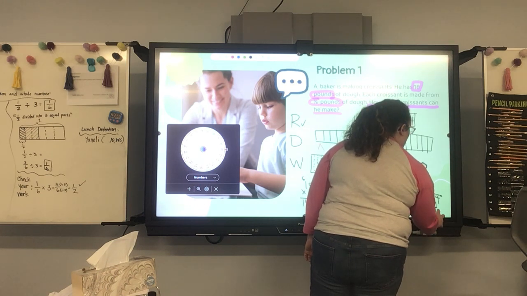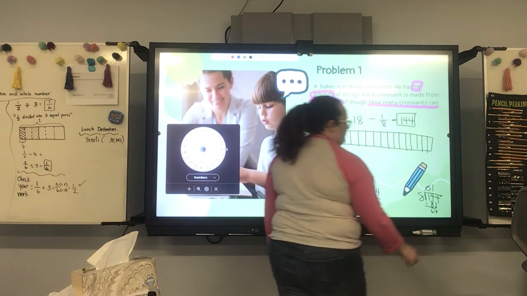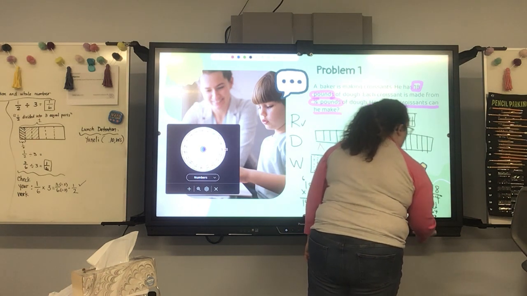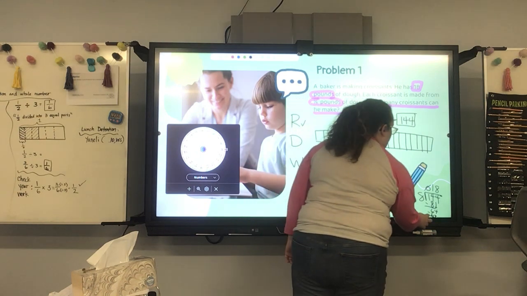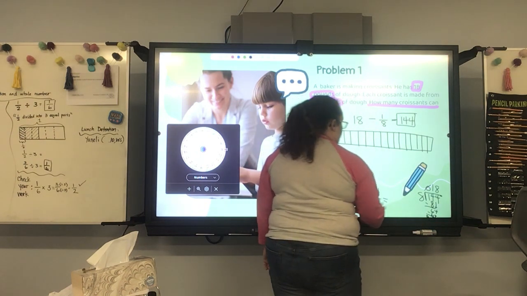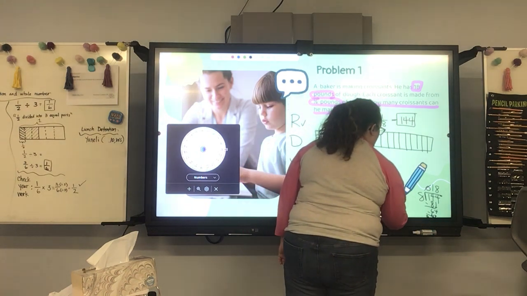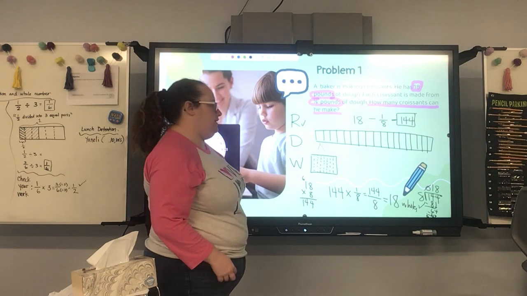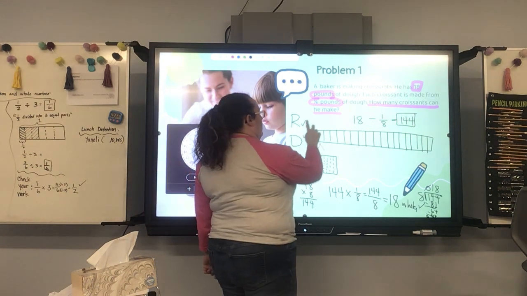Bring down the 4. How many times can 8 go into 64? 8. 8 times 8 is 64. 64 minus 64 is 0. So 144 eighths is equal to 18 wholes. Does that match what I started with? Yes. So I know I did it correct. So I did my draw and I solved it.